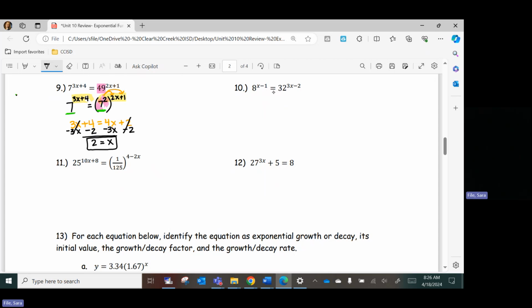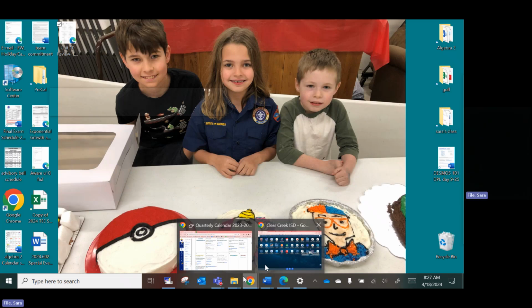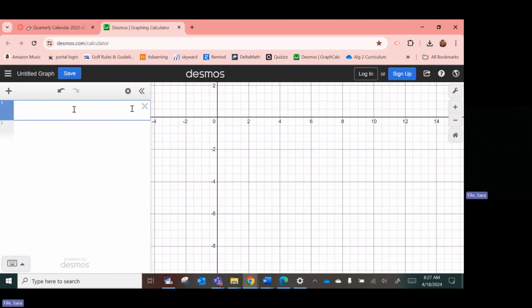Okay, so I could change them both, in this case, to base 2. If you're unsure of that, let me show you in Desmos. Let me refresh your memory. You can make yourself a little table. We said we're trying to figure out a base 2, so 2 to what power?